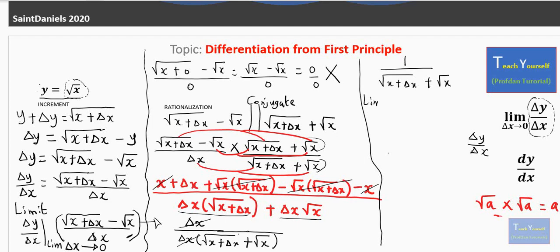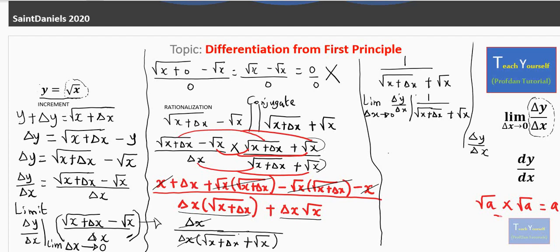Limits as change in x tends to 0, the whole of this, increments in y to that of x, for 1 divided by root of x plus increment in x plus root of x.